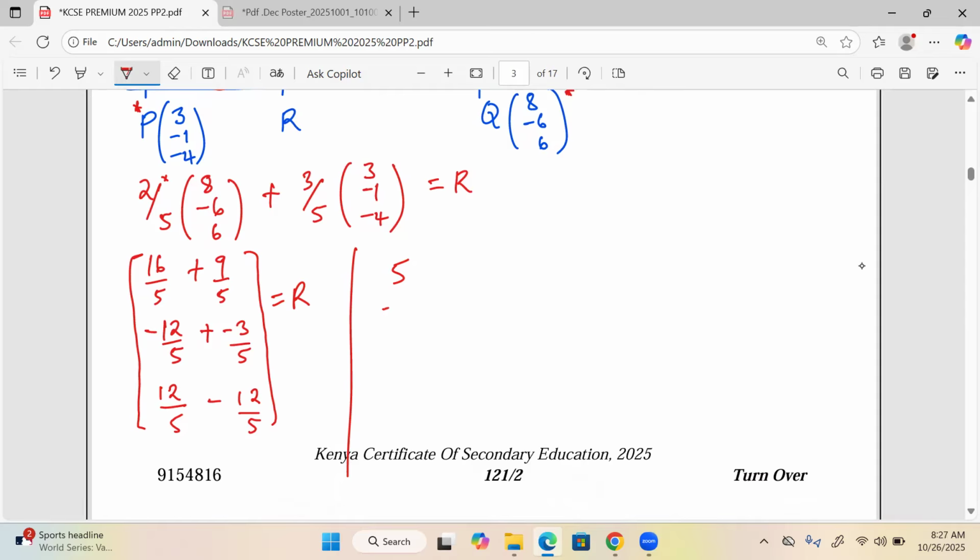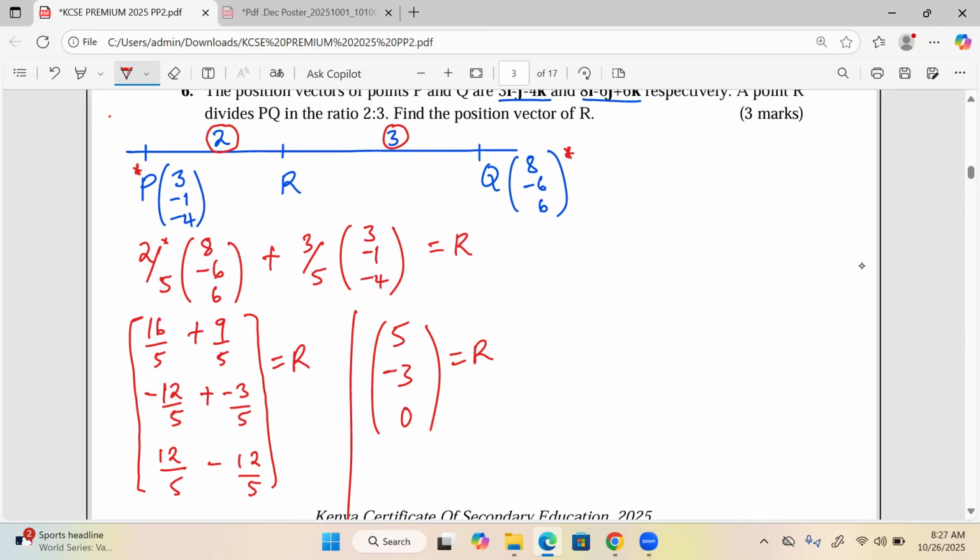We get negative 3. The next shall be 12 over 5 minus 12 over 5. That becomes a 0. This now gives us R.